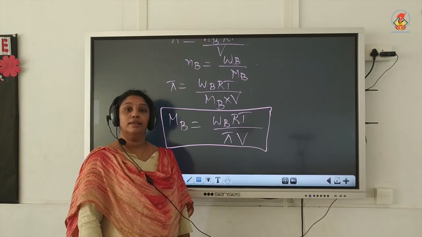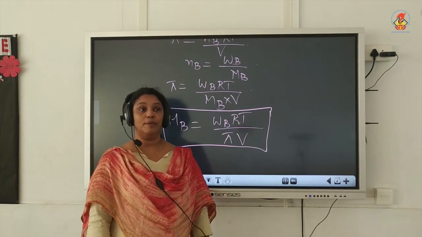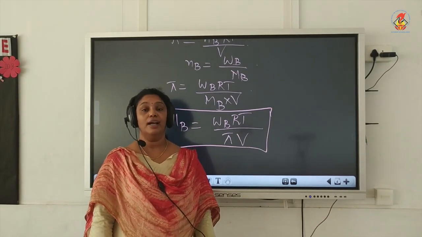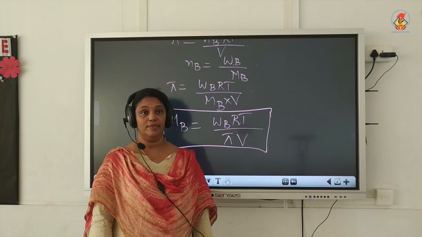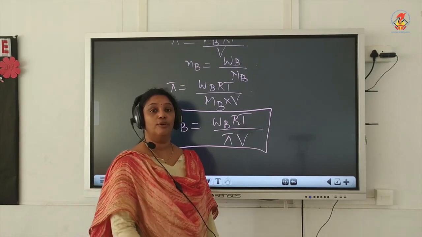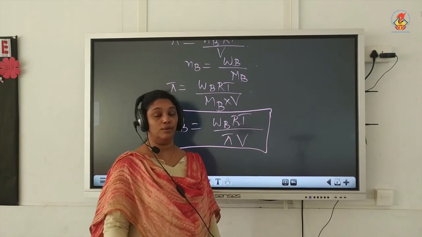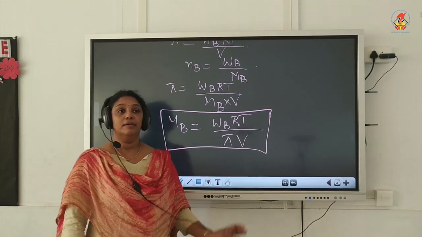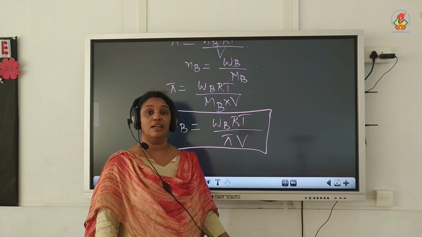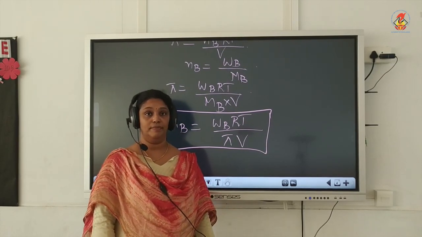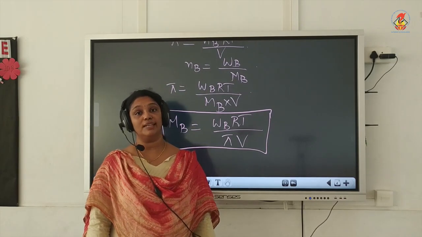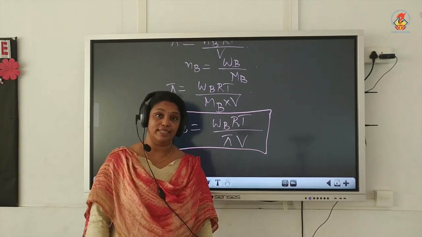Now, this osmotic pressure has more advantages than other colligative properties. There are three advantages for osmotic pressure over other colligative properties. The first advantage is that the pressure measurement is around room temperature. The second advantage is that molarity of the solution is considered instead of molality.